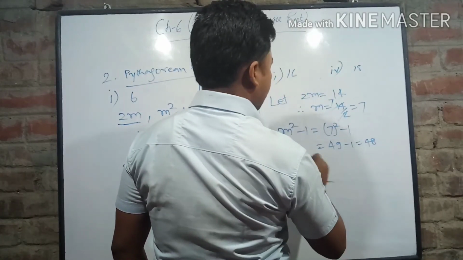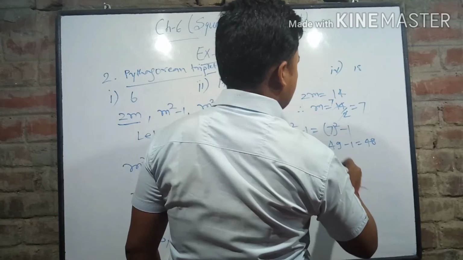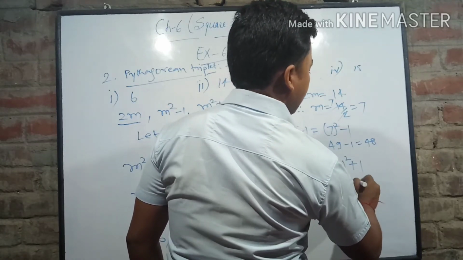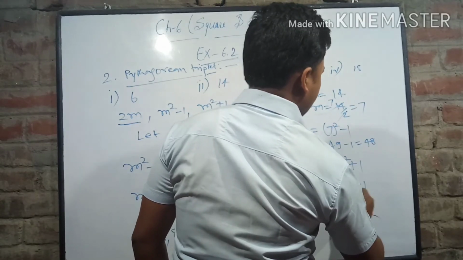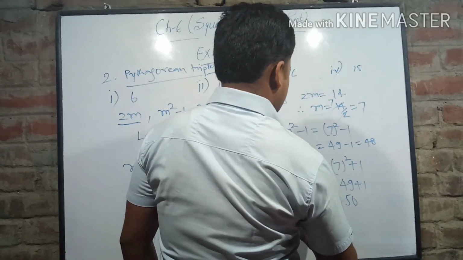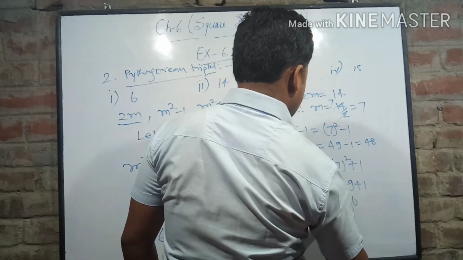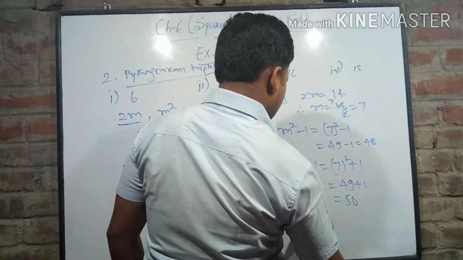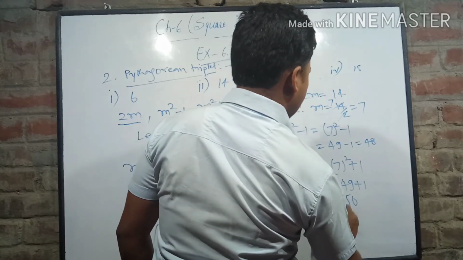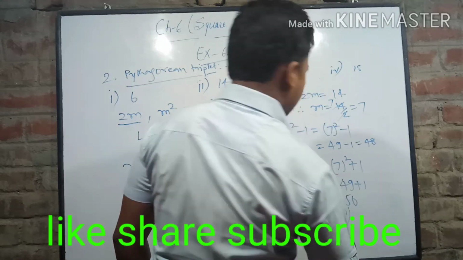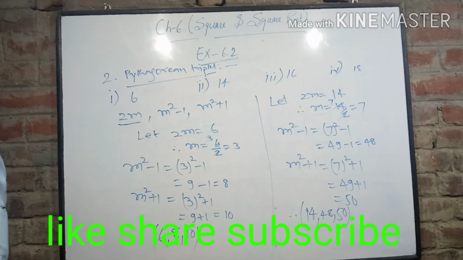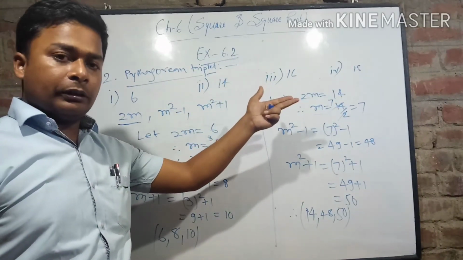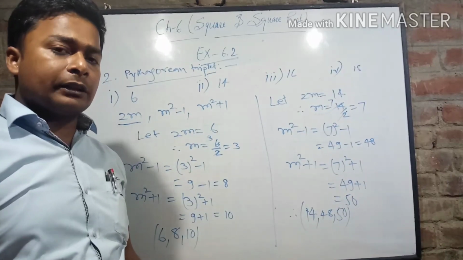And the third member, m square plus 1, 7 square plus 1, this is equal to 49 plus 1, this is equal to 50. So, the given number is 14: 14, 48 and 50. These three numbers make another Pythagorean triplet. Similarly, you can find for 16 also and 18 also. Thank you. We will have Exercise 6.3.